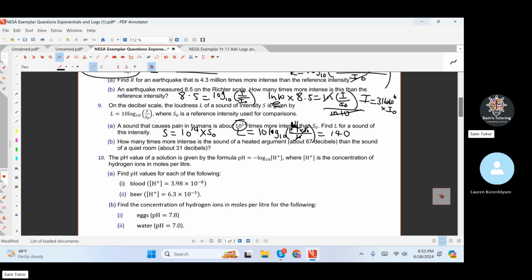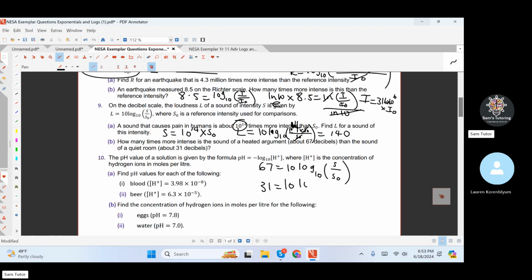So, if you've got how many times more intense is the sound of a heated argument, which is about 67 decibels, that's your loudness, 67. So 67 equals 10 log base 10 of S over S naught. Can we do the same thing for 31?